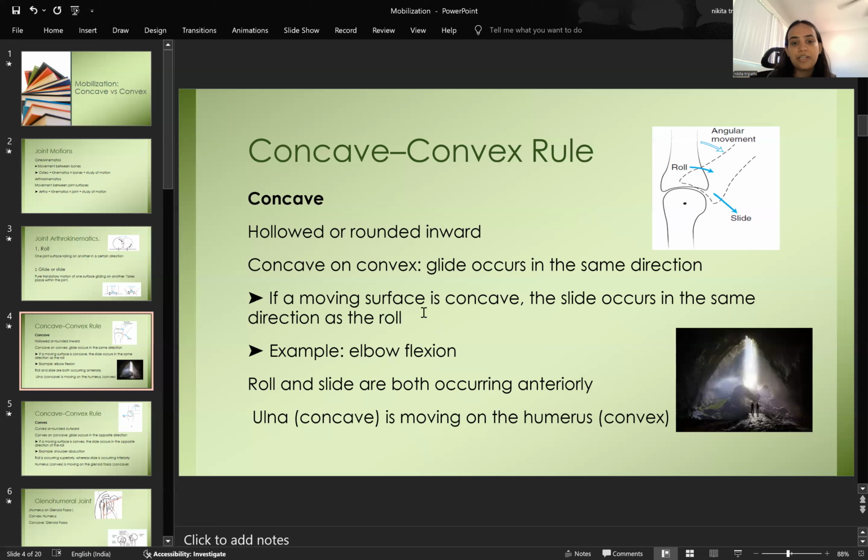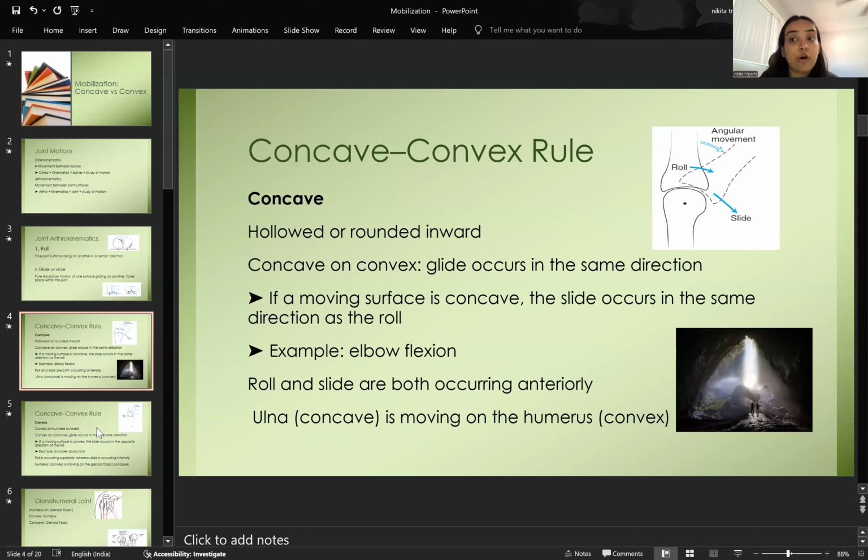For example, concave on convex is elbow flexion, where roll and slide both occur anteriorly. We'll learn later how this works in elbow flexion. But first we need to know that if a concave surface is moving on convex, rolling and gliding occur in the same direction.